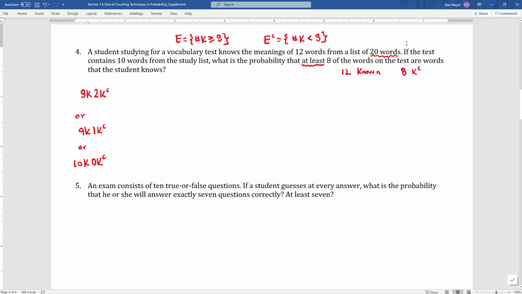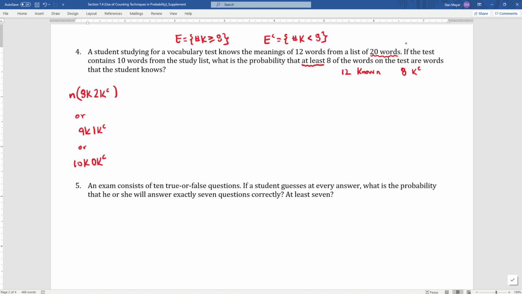All right, so if I want to find the number of ways to get 8 known and 2 unknown, here's where we have our combination from a partition selection set. The order in which the words show up on the vocab test doesn't matter.